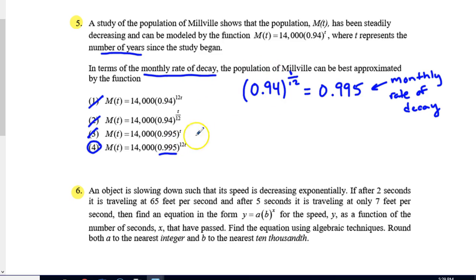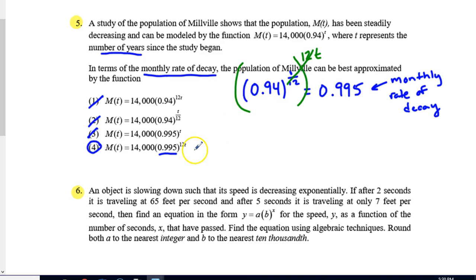So really it's equivalent, because when I raise this number here to the 12t power, the 1/12 and the 12 divide to 1, and I just have the 0.94 to the t, right? So it makes sense that that could be.